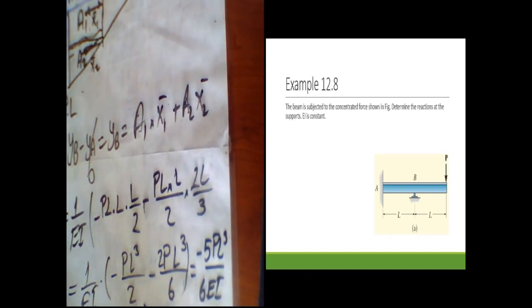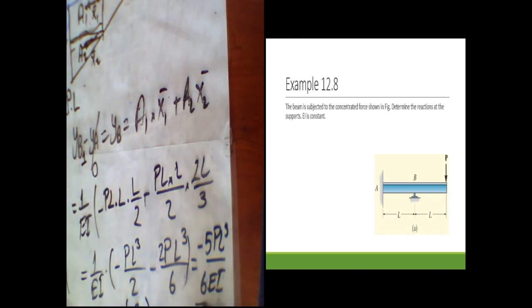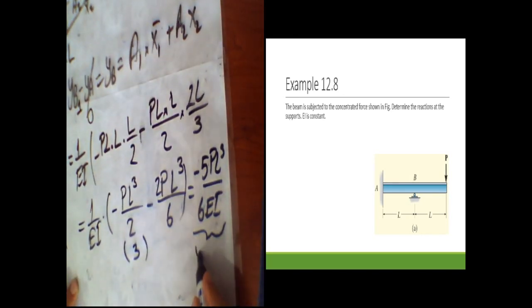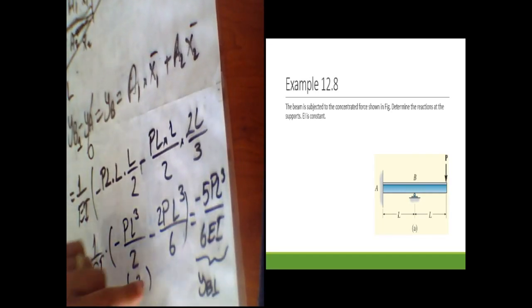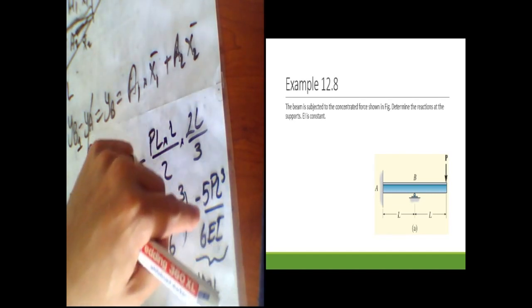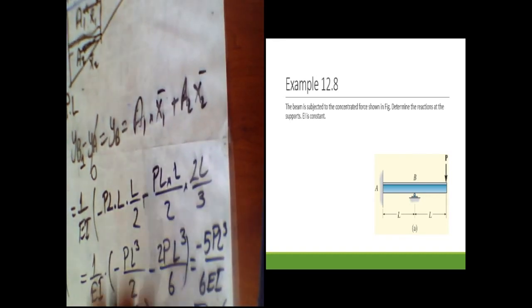So what is this value? This was exactly YB1. Okay, so for this loading condition, I obtain YB1 as minus 5PL cubed over 6EI. Now I save this value.